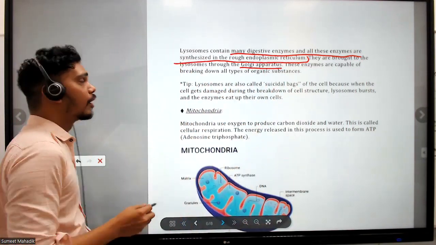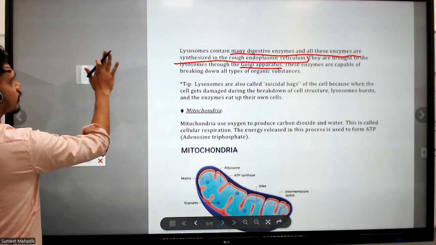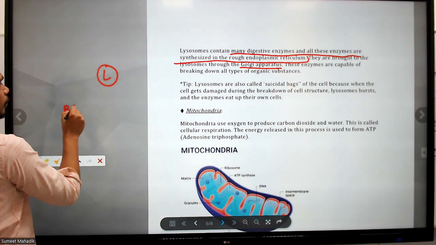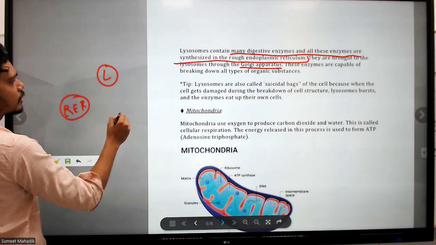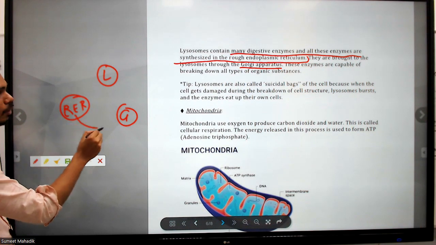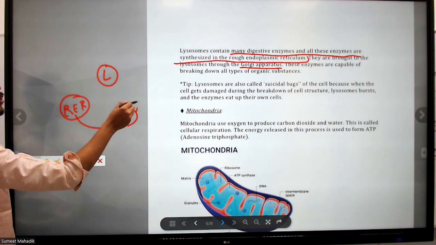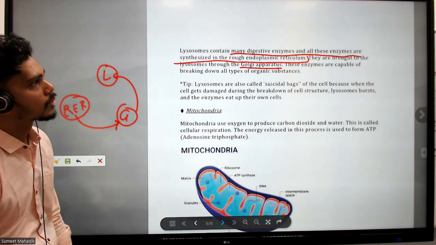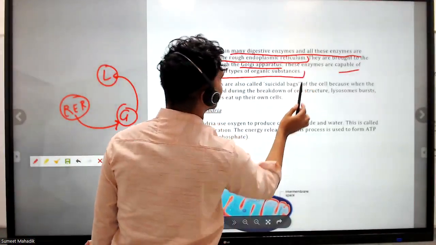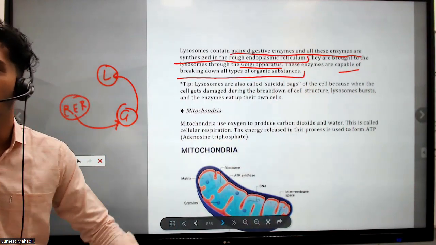Suppose this is the lysosome, this is the rough endoplasmic reticulum, and this is the Golgi apparatus. The rough ER produces the enzymes and proteins, they go to the Golgi apparatus, and from the Golgi apparatus they come to the lysosomes. These enzymes are capable of breaking down all types of organic substances. That's why it's called a suicidal bag.